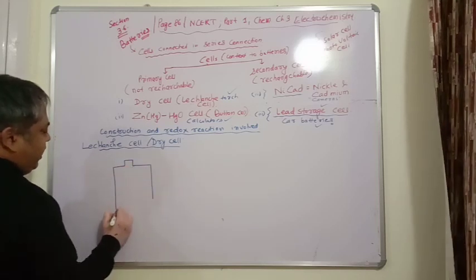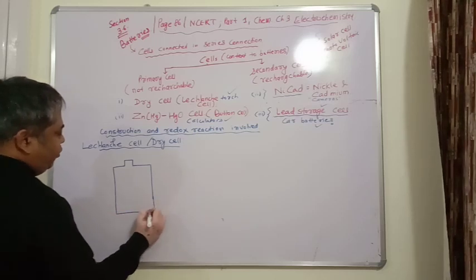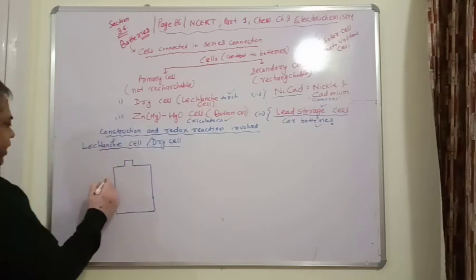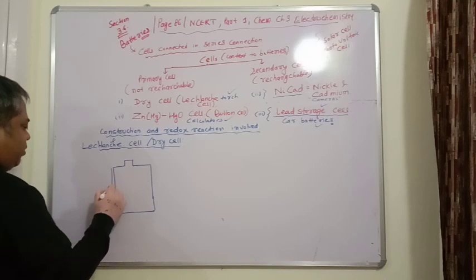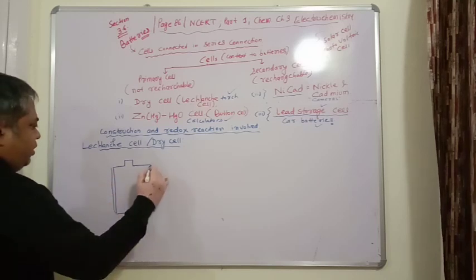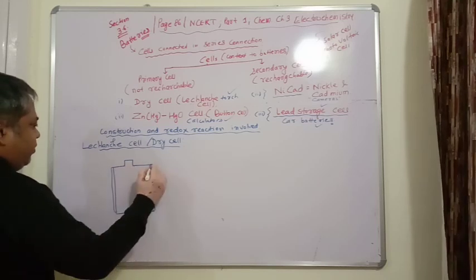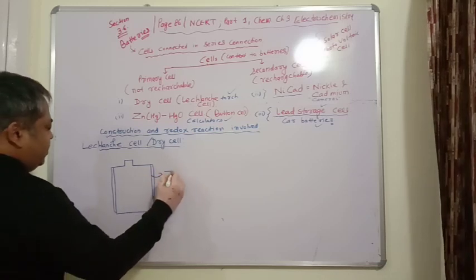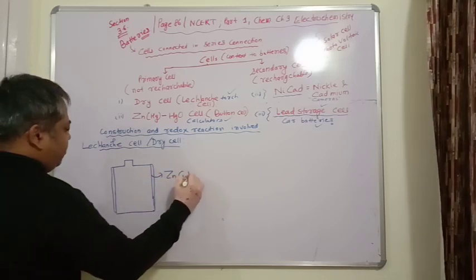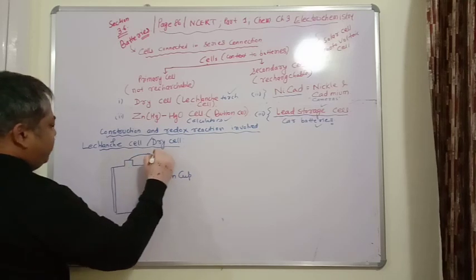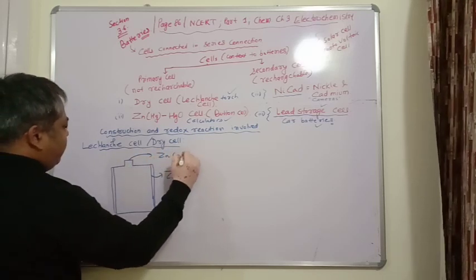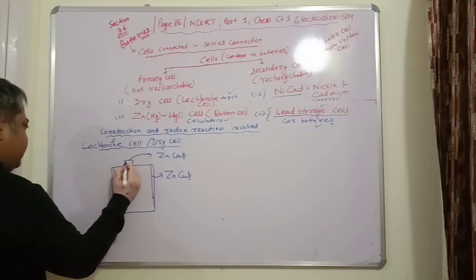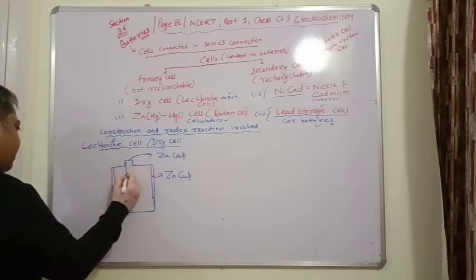If you ever had been a little naughty and unwrapped the paper outside this battery, on which the brand name is written, you might have seen a shiny container. This is the zinc cup, and inside this zinc cup you will find a carbon electrode.